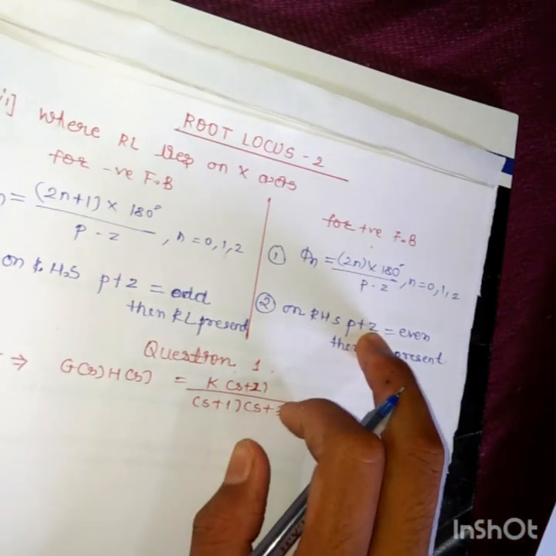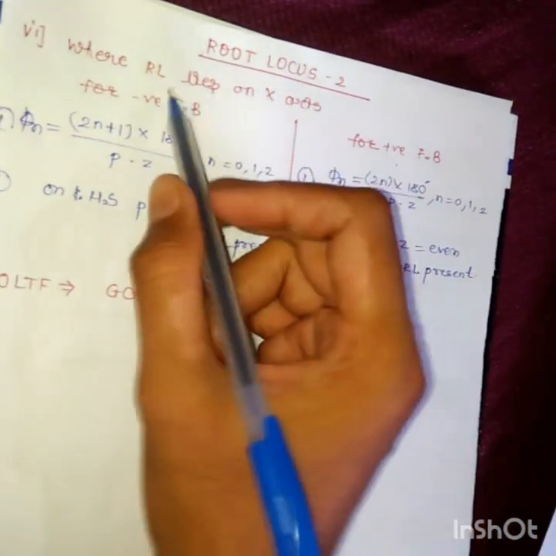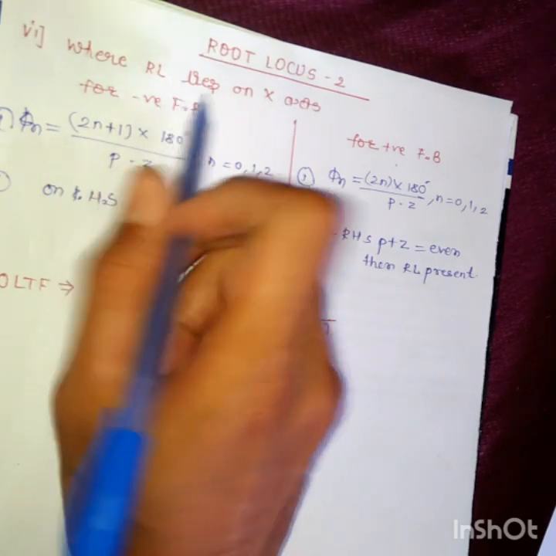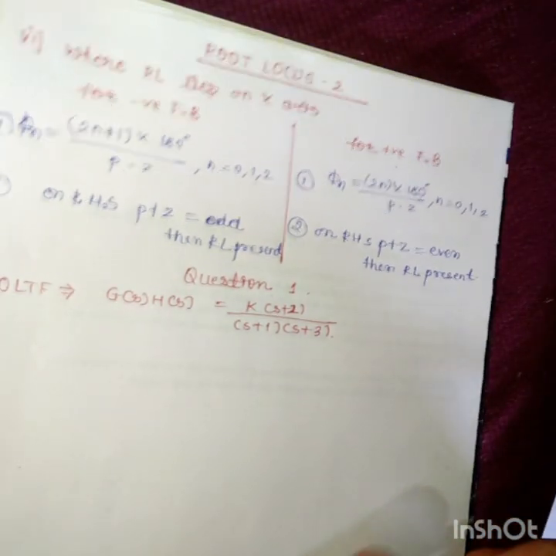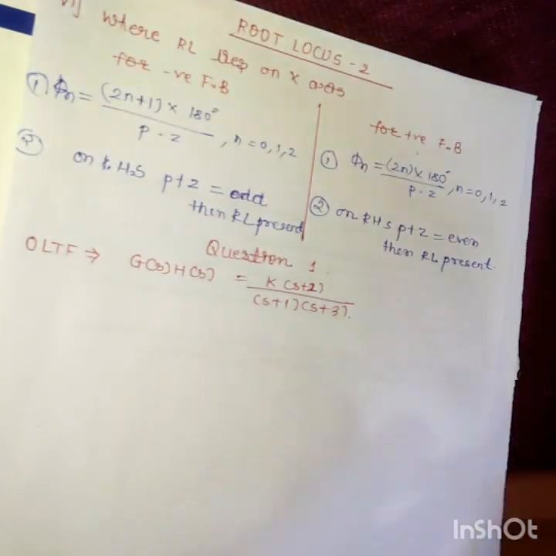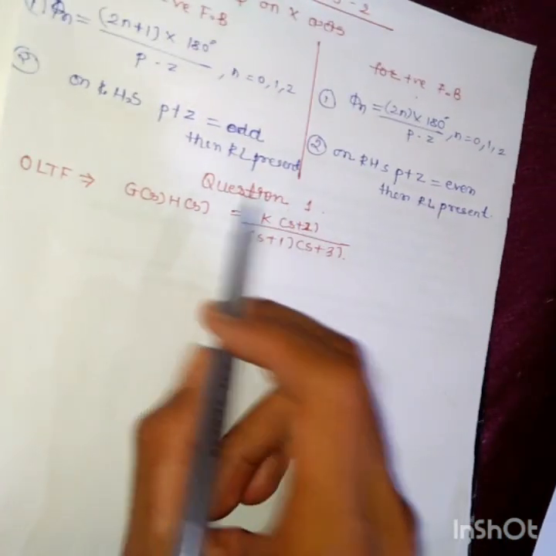We have seen how to check whether root locus is present on the right hand side or not. So let's move on to our question number 1.